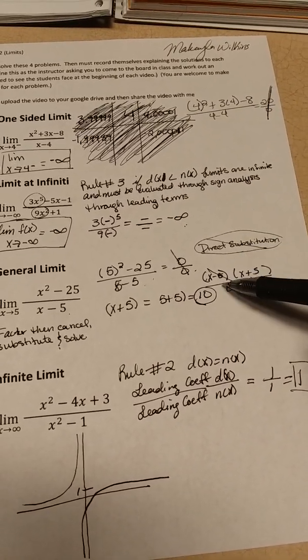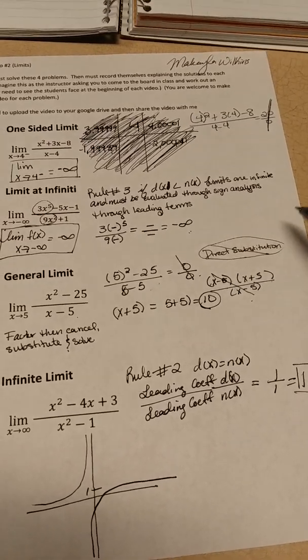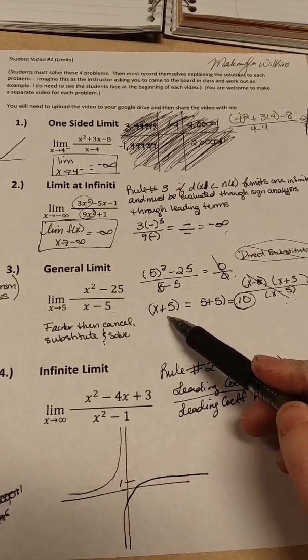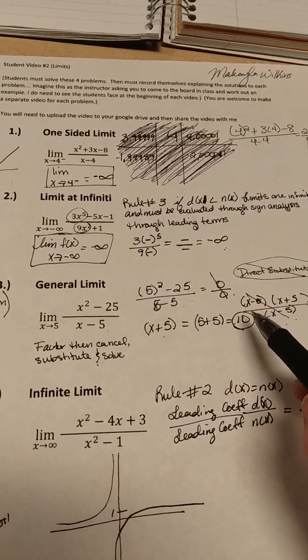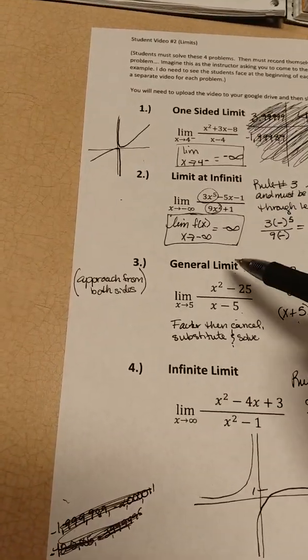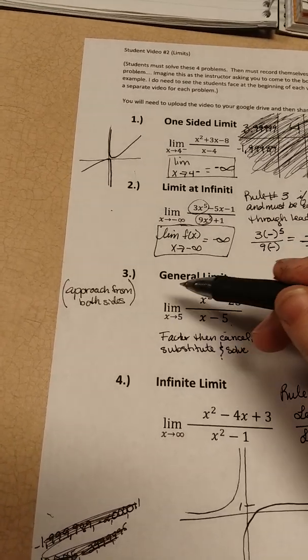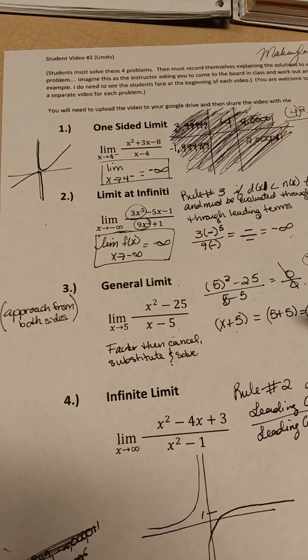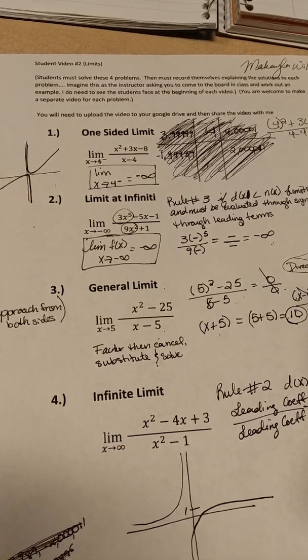So that would be x minus 5 times x plus 5 over x minus 5, which let me cancel out the x minus 5s and left me with just x plus 5, which is 5 plus 5, which equals 10. The general limit is the combination of the limits from the right and from the left. I always have to remember to factor, then cancel, then substitute and solve. I can't just go right into the equation with a lot of polynomials.